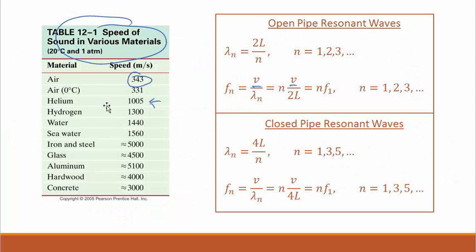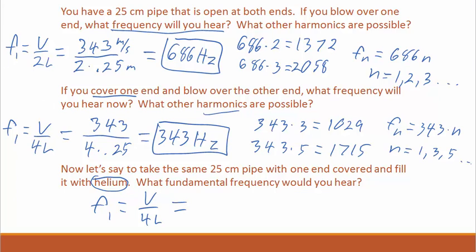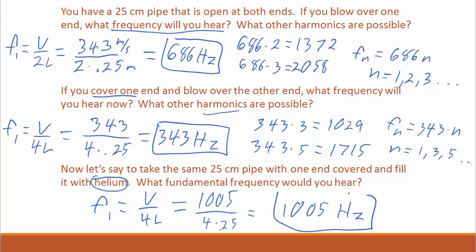If you remember on this other diagram here, it's 1005. So 1005, and we divide by 4 times a quarter again, so this just gives us 1005 hertz, significantly higher than the 343 we had when we had just air in the pipe.